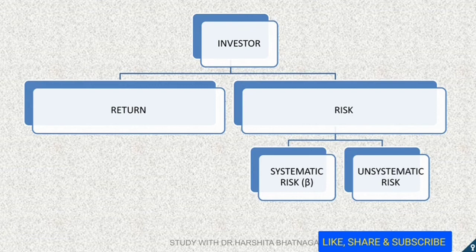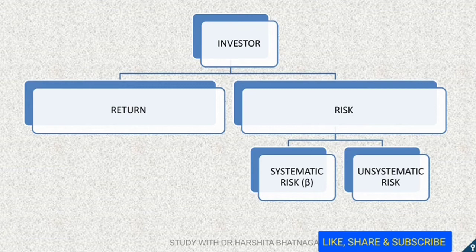With every asset, there are two types of risk attached. One is unsystematic risk and another is systematic risk. Systematic risk is denoted by beta and this risk is undiversifiable. It is also known as market risk or explained risk, like inflation or earthquake.